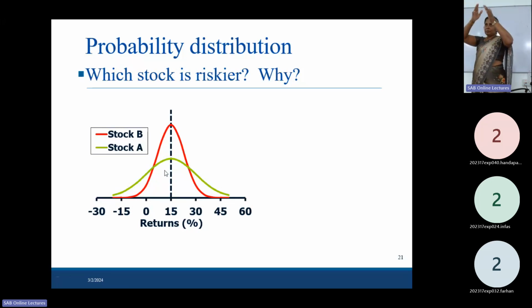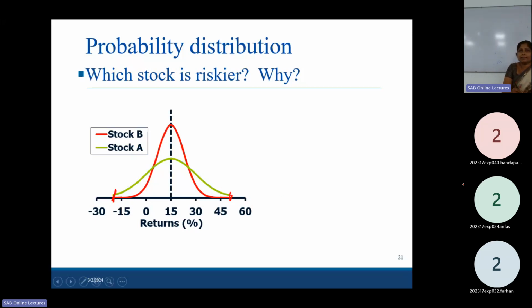It is going in a peak. So around this expected average, this is the variability for company A, the distribution of this expected return. This is the distribution for company B, the red one.